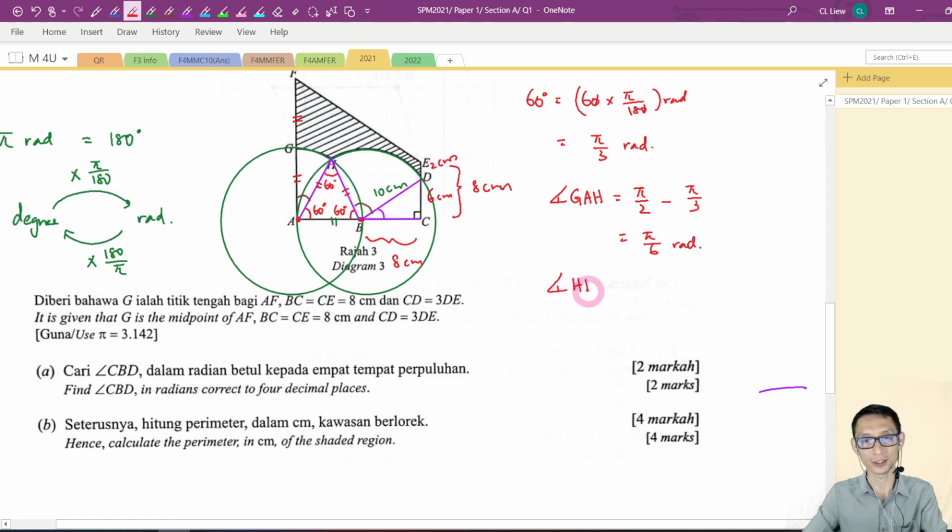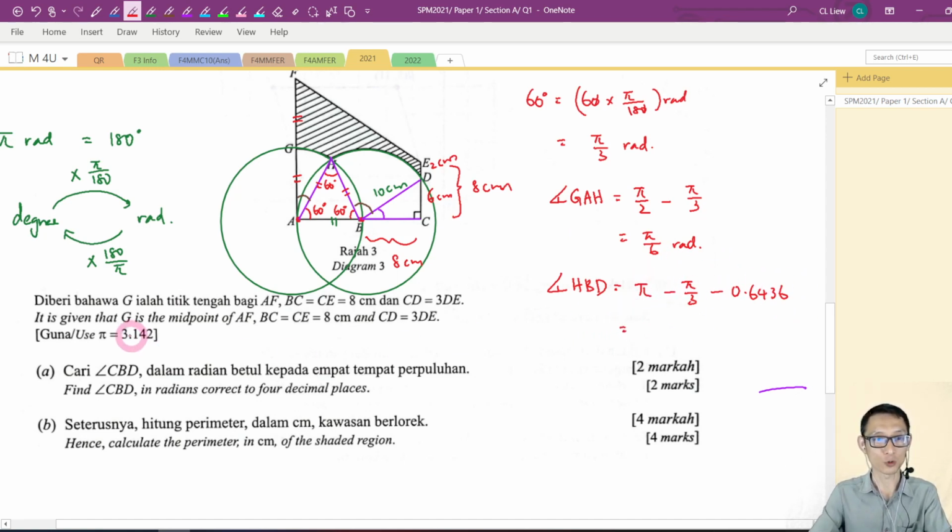Okay, now let's find the angle HBD. Angle HBD. So this is a straight line which is 180 degrees. 180 degrees is equal to pi radian, right? So I'm going to take pi minus this pi over 3 minus the angle that we got just now. Okay, the angle here is 0.6436, right? Now just press your calculator.